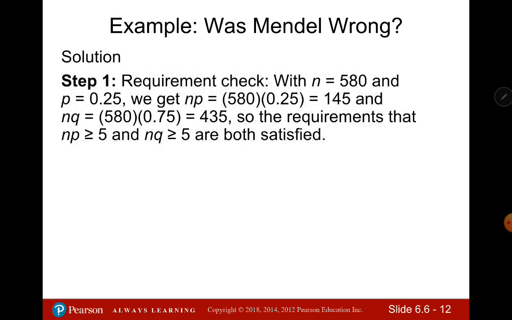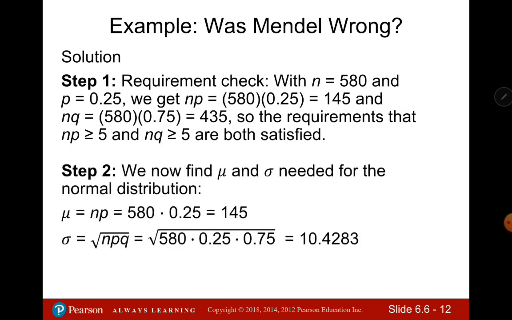So first step, we quickly check if the distribution is a binomial distribution. So we know we only have two results. We know np, nq greater than 5, and the result can only be sorted into two columns, green peas, yellow peas, right?